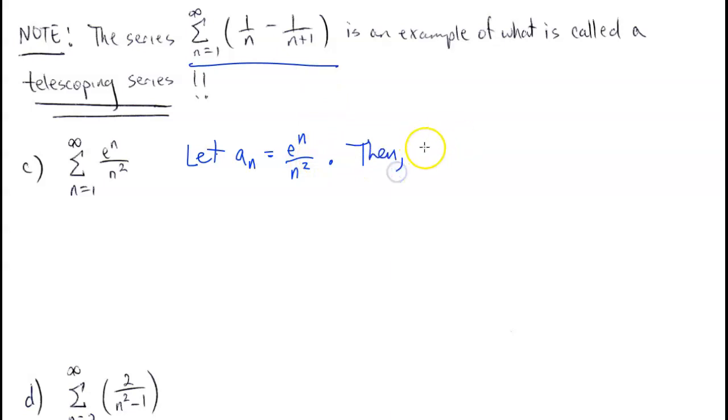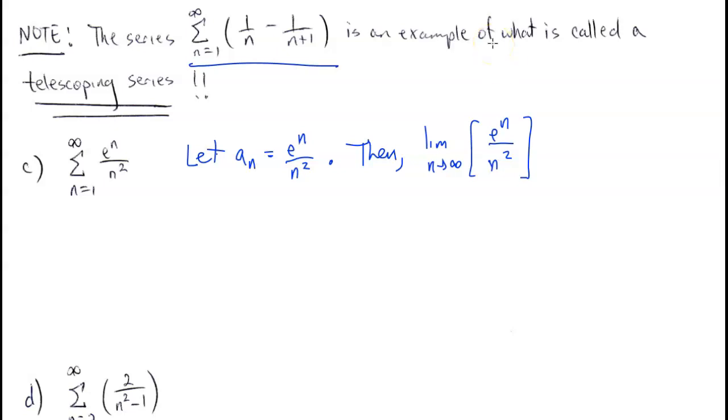Then we'll just take the limit as n approaches infinity of e raised to the n over n squared. And again, what we are looking for is whether the limit of the sequence that this series is made from is equal to anything other than 0. Then we automatically know that the series is divergent.